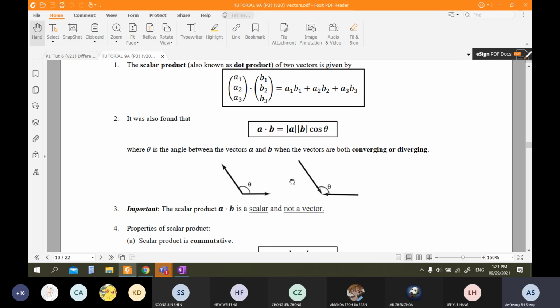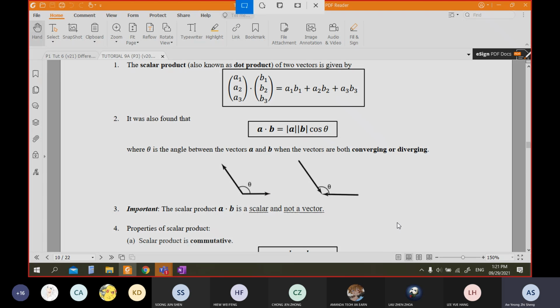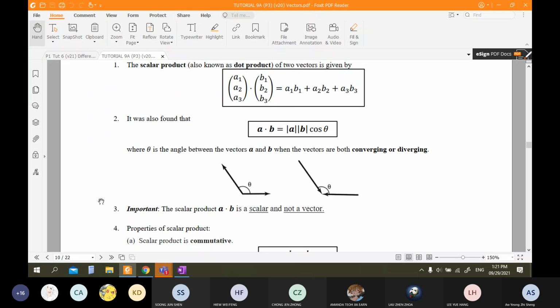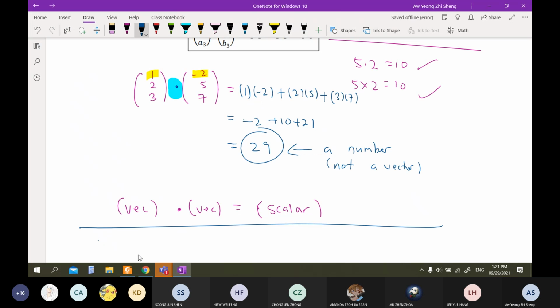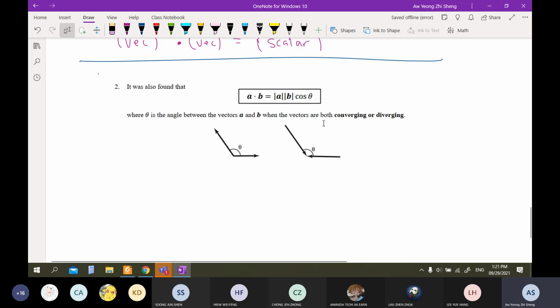Okay. Point number 2 gives you an alternative formula to compute scalar product. It will also generate for you a number. Point number 2 says that A dot B can also be computed by using modulus of a vector.